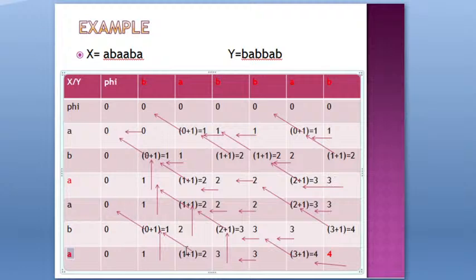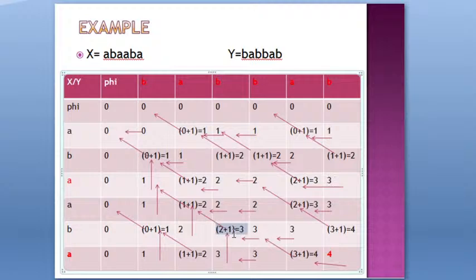Once I get a diagonal arrow, I take that particular character. After that I reach here, because the diagonal element means it points over here. So currently I am in this particular cell.